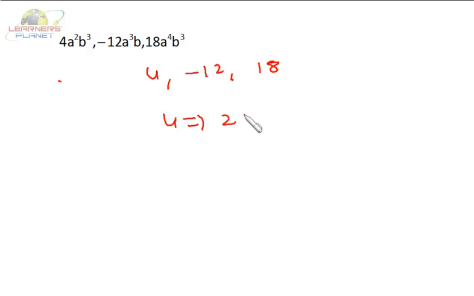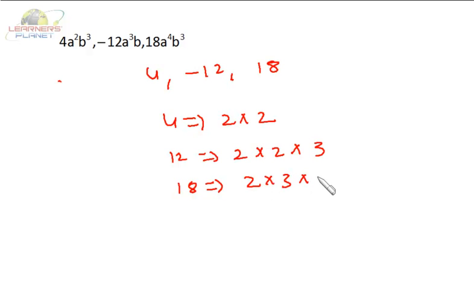Now 4 can be written as 2 into 2. 12 can be written as 2 into 2 into 3. And 18 can be written as 2 into 3 into 3. Now 2 is common, but 3 is not common since we are not seeing any 3 over here.